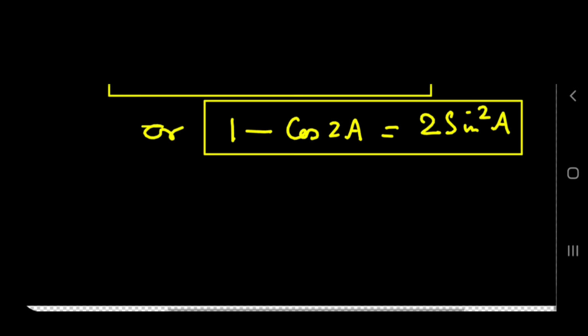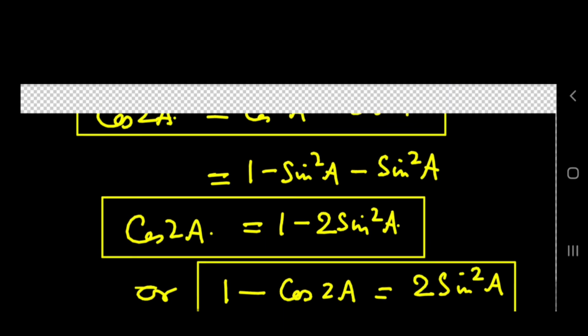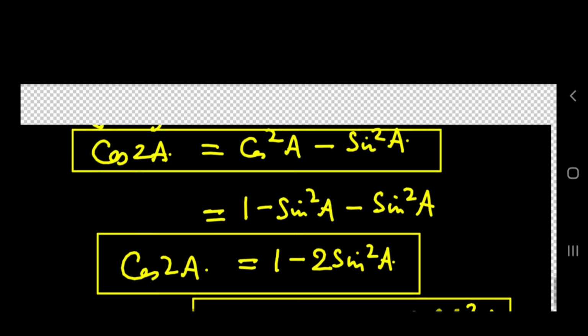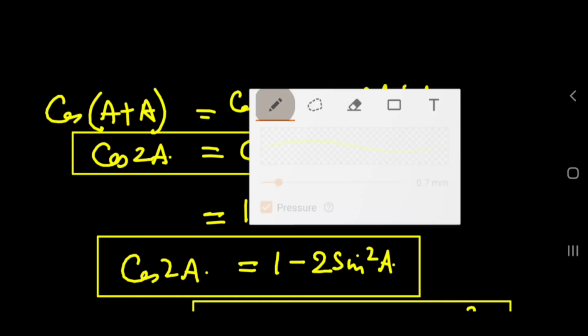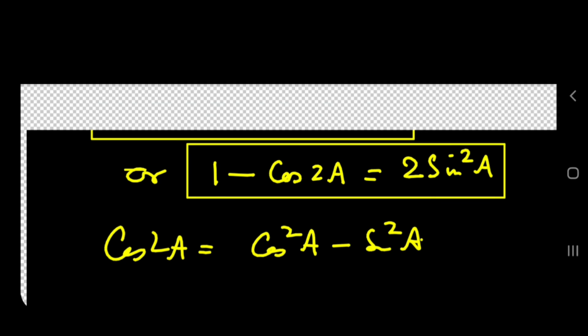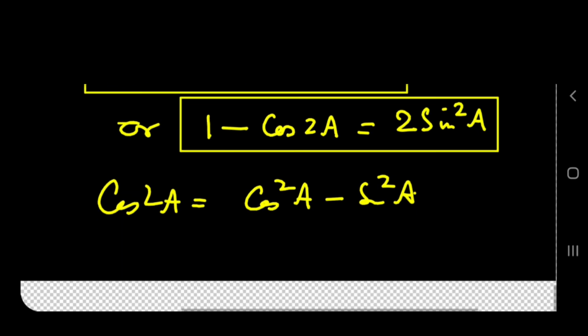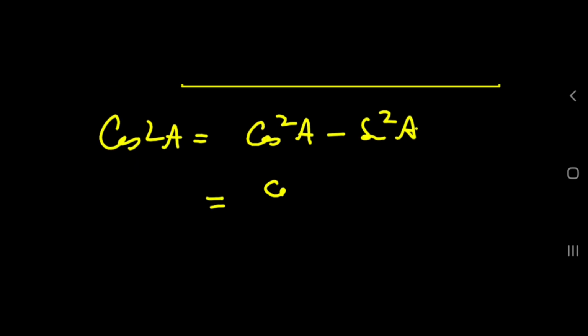Okay. So in place of sine, I would have written cos, like here I have changed the cos, so now I'm going to change sine. See how? Cos 2a is equal to cos square a minus sin square a. So over here I have changed cos to sine, and now I'll change sine to cos: minus (1 minus cos square a).